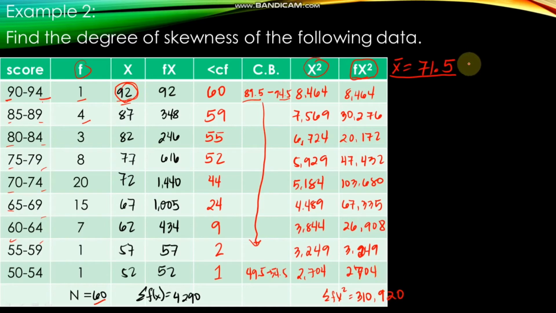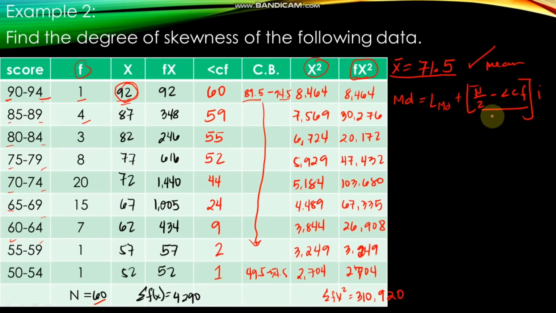Then what do we look for? The mean, we have already found. Then the median. So we will use the median formula. The median equals the lower boundary of the median class plus n over 2 minus the cumulative frequency before it, times i, over the frequency of the median class.